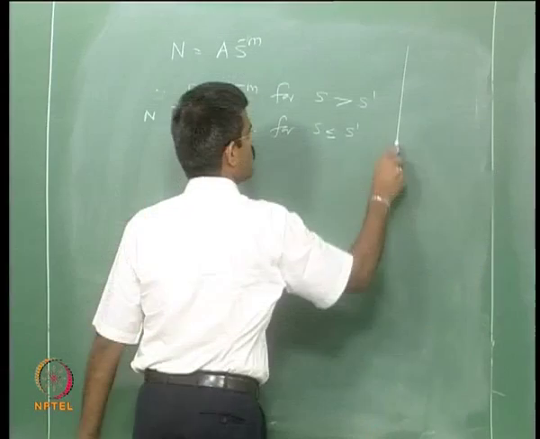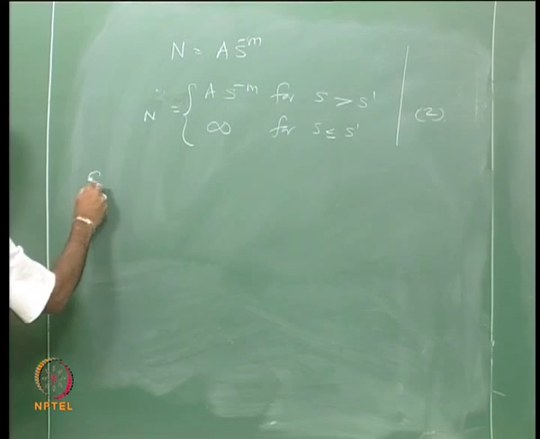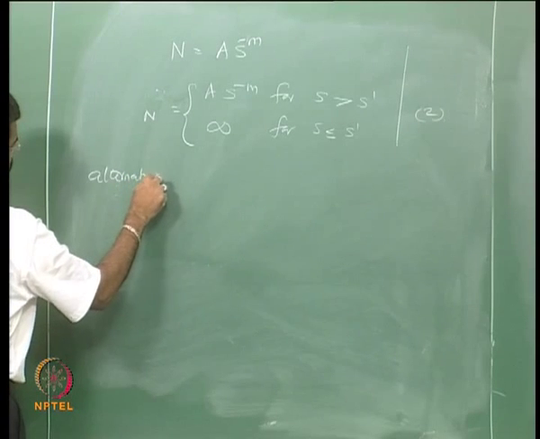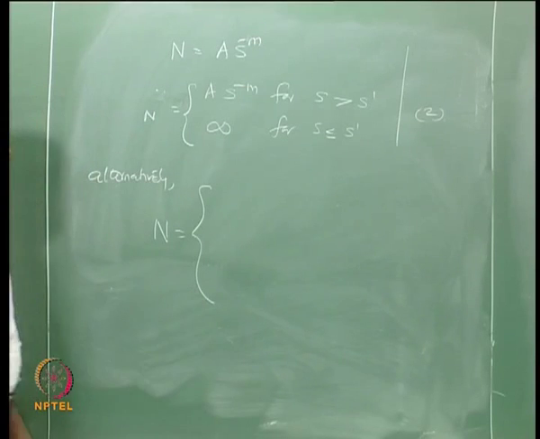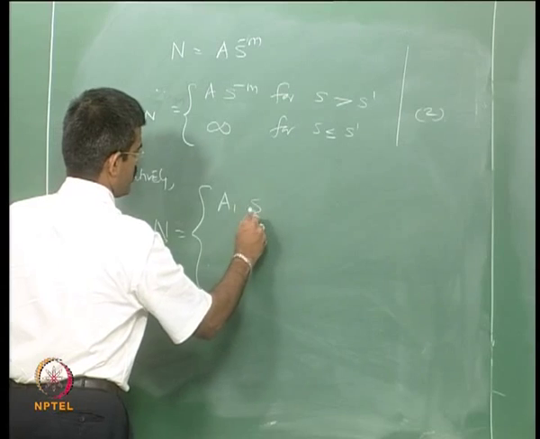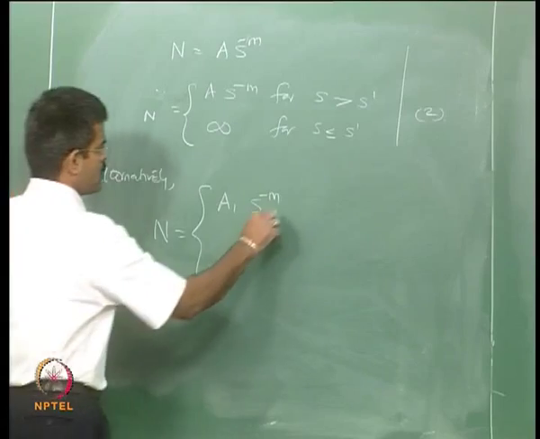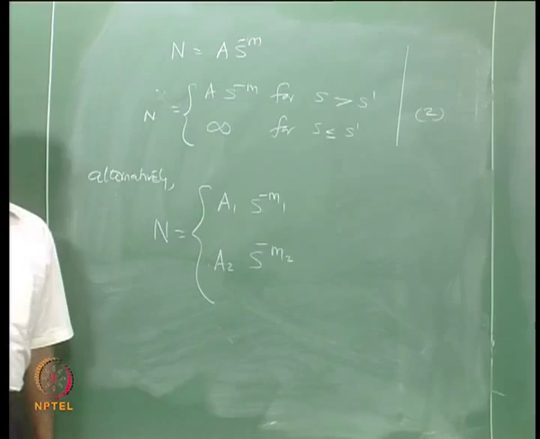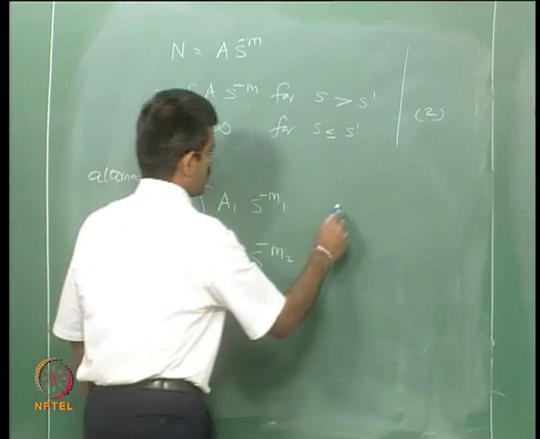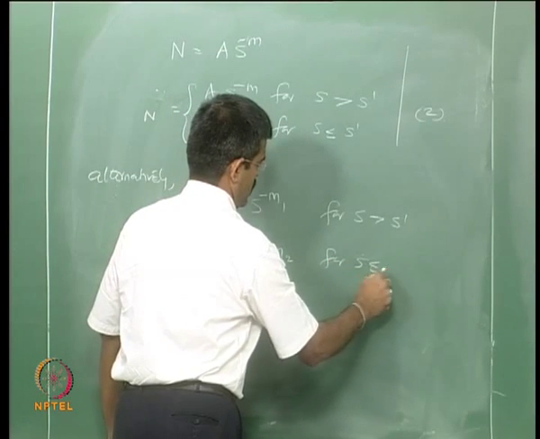Let us call this equation number 2. Alternatively, N can also be written as A1 S power minus m1 or A2 S power minus m2, for S greater than S dash, or for S less than or equal to S dash.